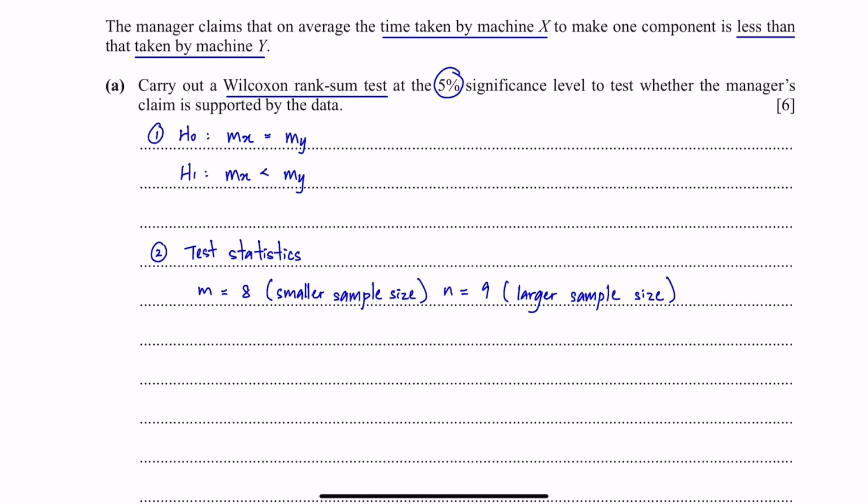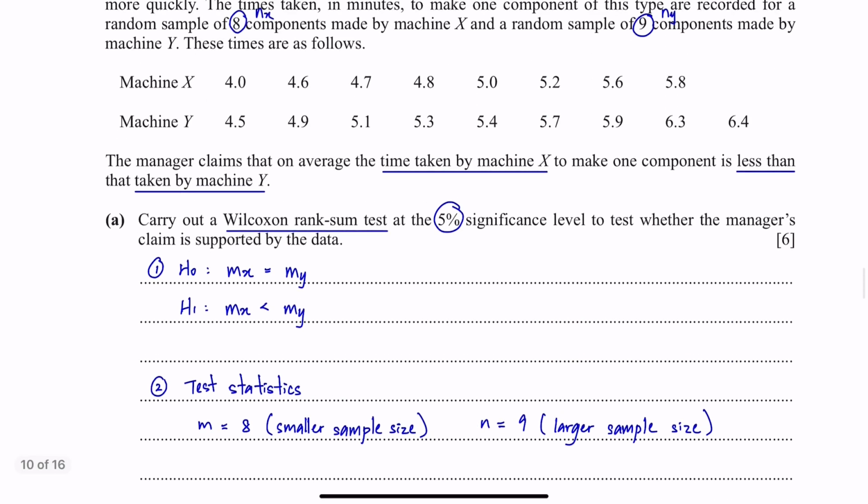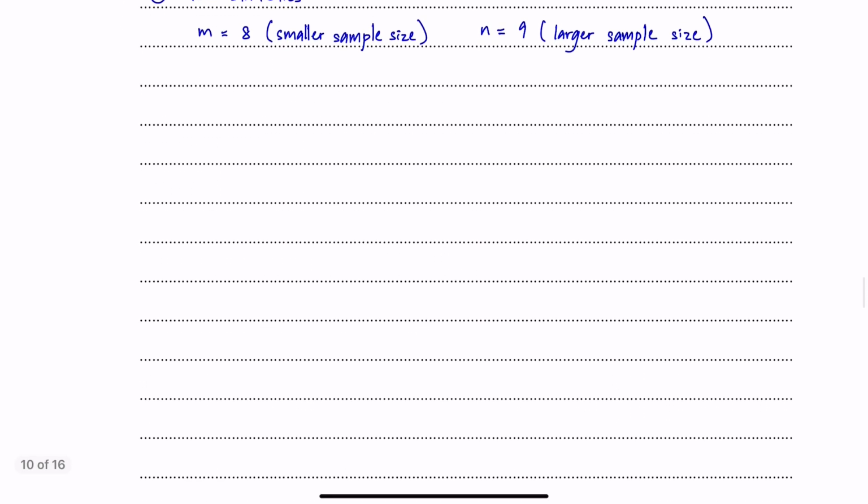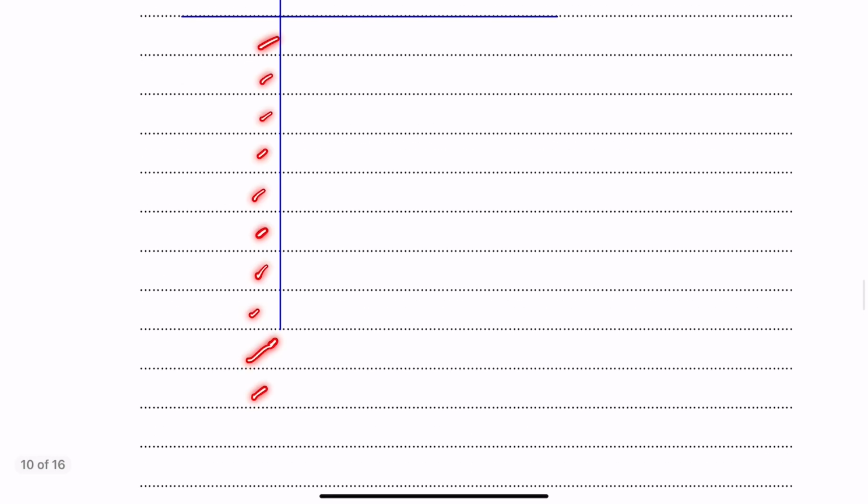So now we need to rank the data. We need a table with 4 columns. First column for X. We have 9 data for Y, so we need 1, 2, 3, 4, 5, 6, 7, 8, 9. And another one for the total.